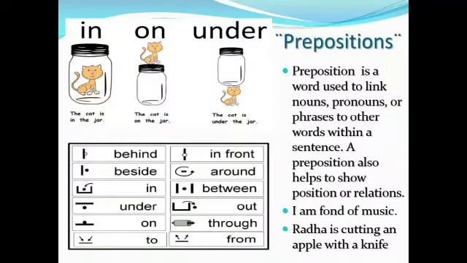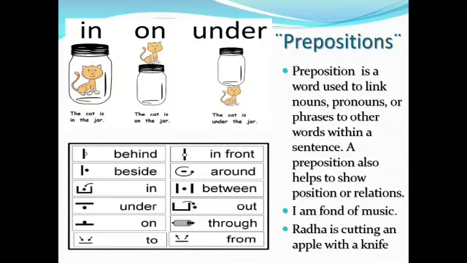Now, what are prepositions? A preposition is a word used to link nouns, pronouns, or phrases to other words within a sentence. A preposition also helps to show position or relations. Examples of prepositions are in, on, under, above.